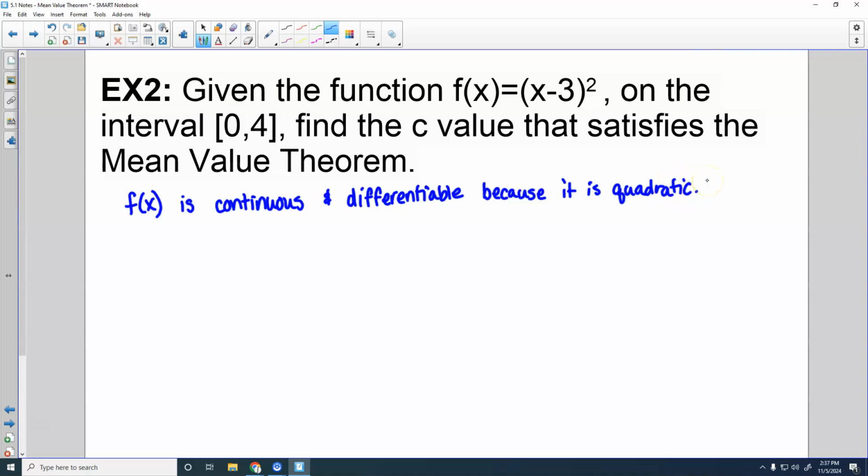And quadratics are just continuous and differentiable everywhere. So, oh yeah, good call. Because f is quadratic, yes.